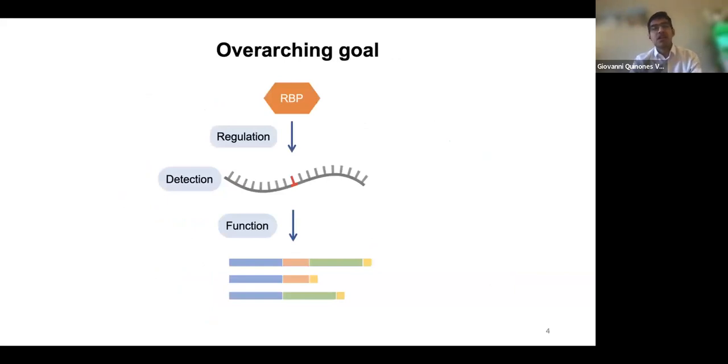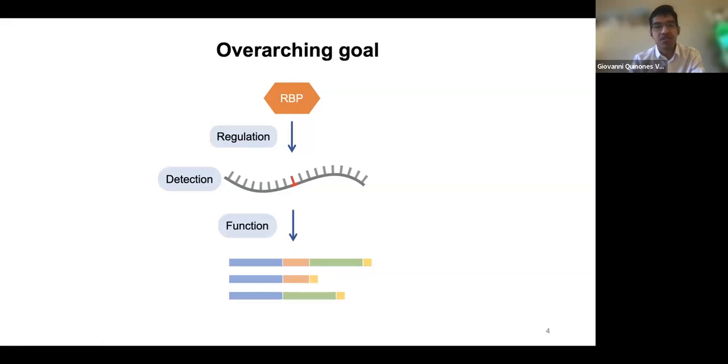So to summarize the flow of the talk today, I'm looking at this process by which we have different RBPs, or RNA-binding proteins, that will regulate these different nucleotide variants, in this case, the nucleotide modifications.